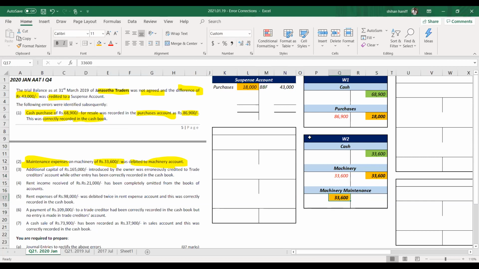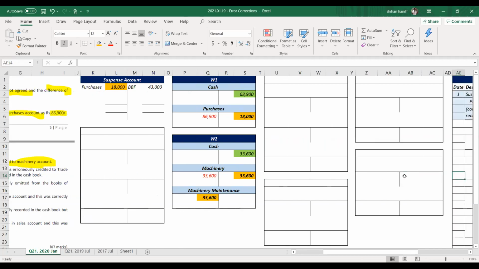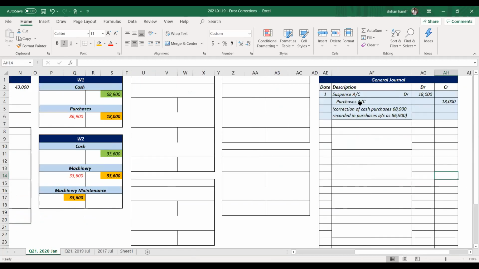So this doesn't affect the suspense account. Debit and credit was recorded. Therefore, there is no difference in the trial balance. So you can record this in the general journal.